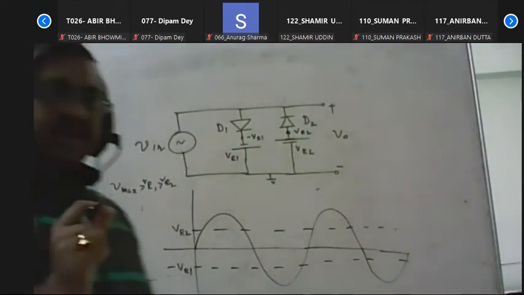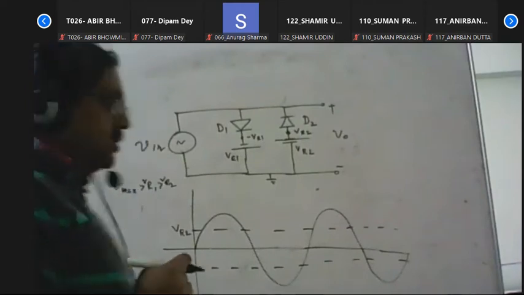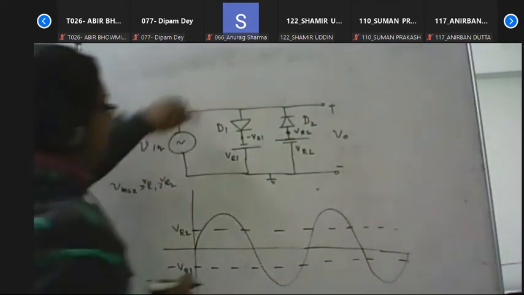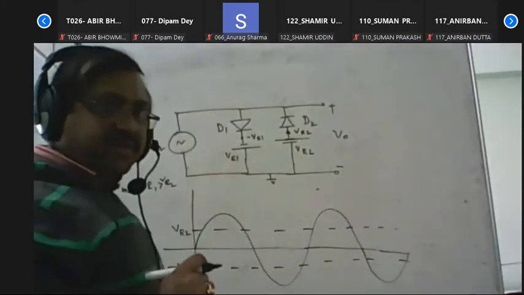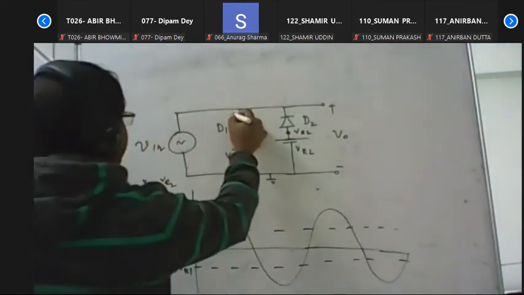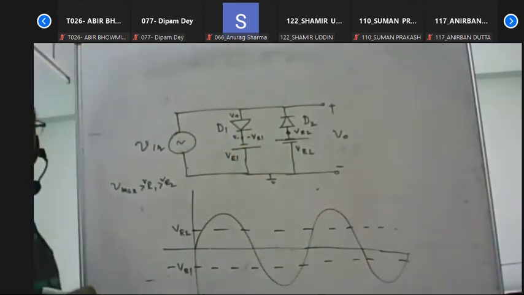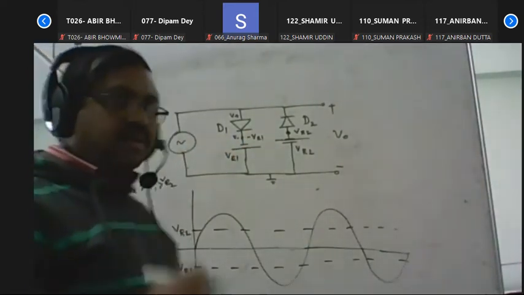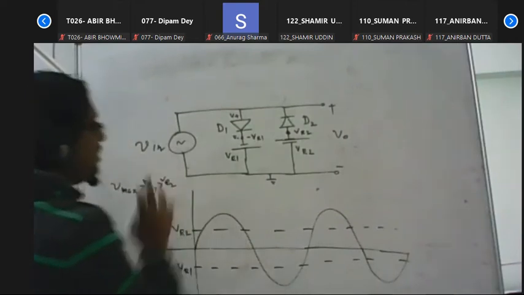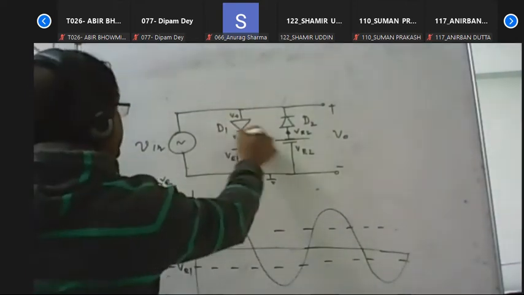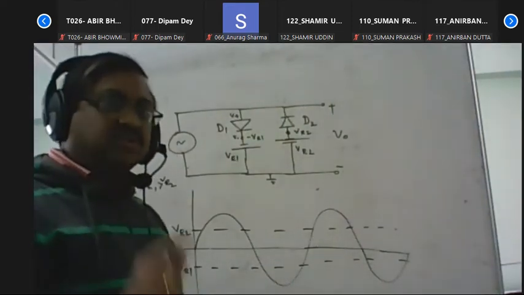Now, for a diode to conduct, it must be forward biased, so the positive terminal voltage must be greater than the negative terminal voltage. If V positive is greater than V negative, and V negative is connected to minus VR1, then if the input signal is greater than minus VR1, this diode will be on, and when on, it behaves like a short circuit element.